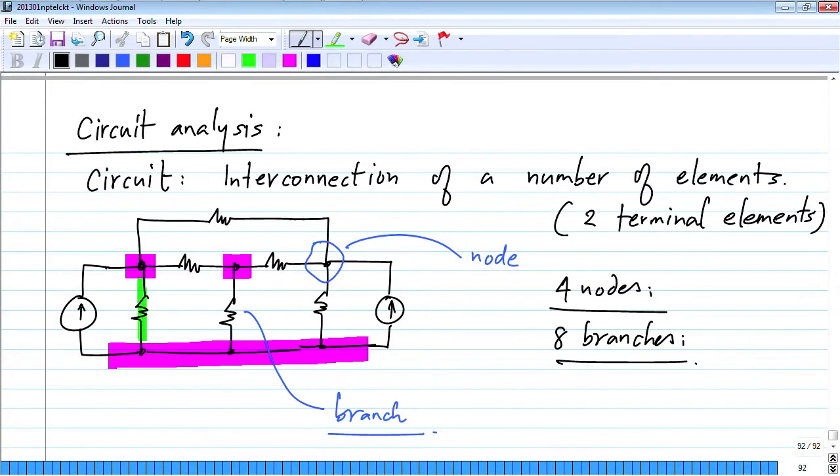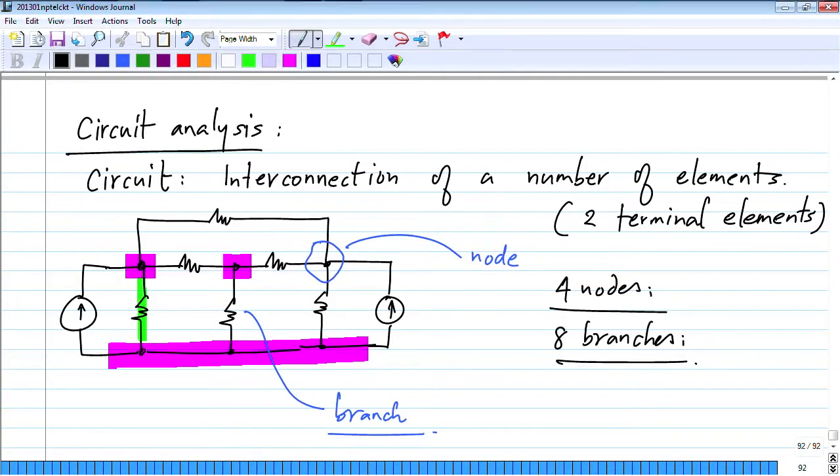Now, I see a number of answers with numbers like 3, 4, 5 and so on. But my question is the following. We have 8 branches in this circuit. Now, I want to know the current and voltage across every branch, and those are the unknowns.